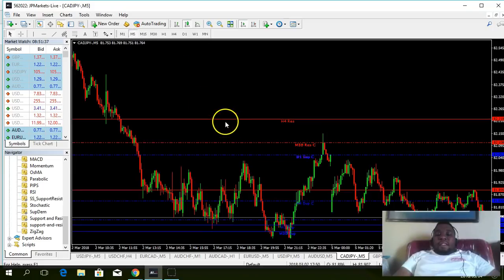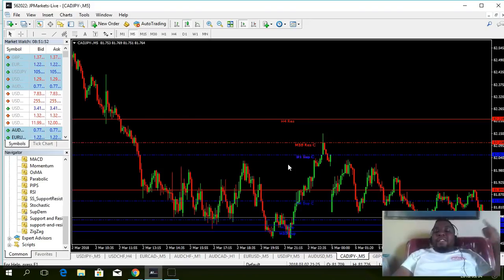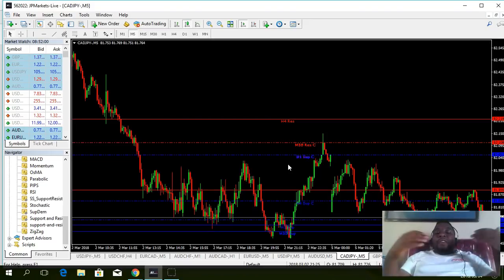As I was saying, it's a multi-time frame indicator, meaning it's gonna show you all the major support and resistance. When I'm talking about the major support and resistance, I'm just talking about the higher time frame stuff. If you're trading at the lower time frame, those are your major.